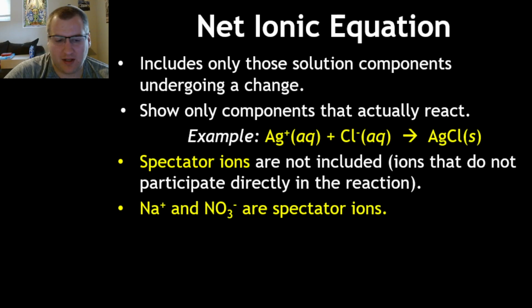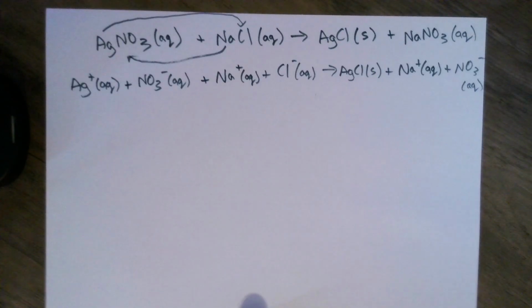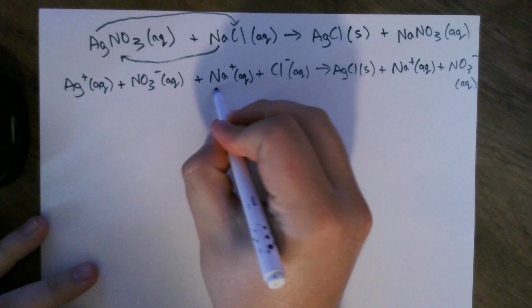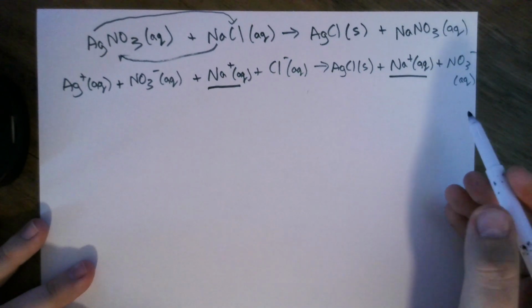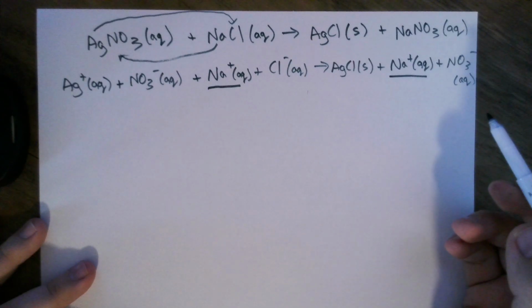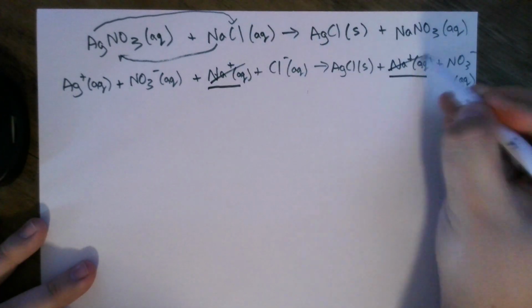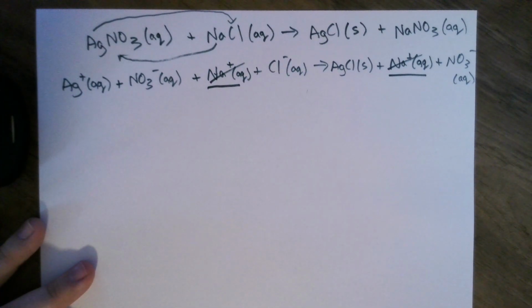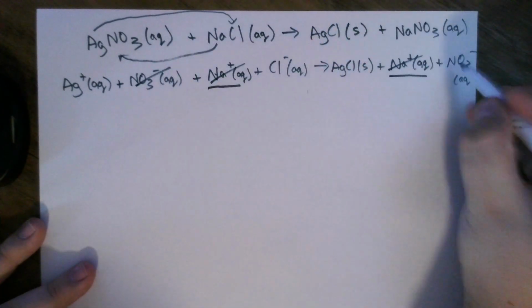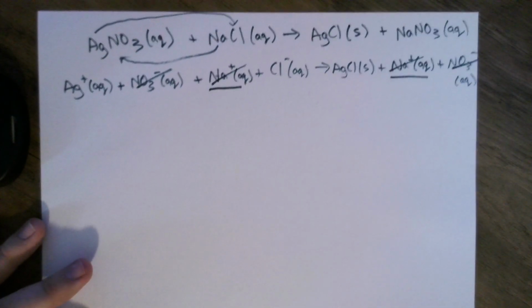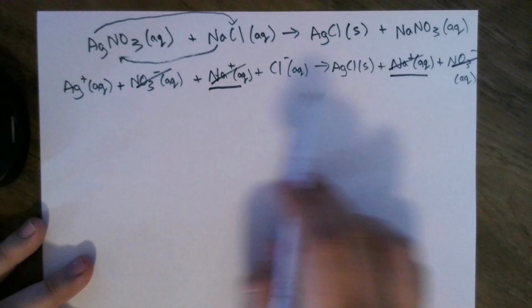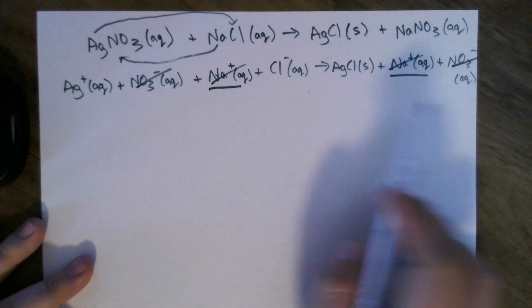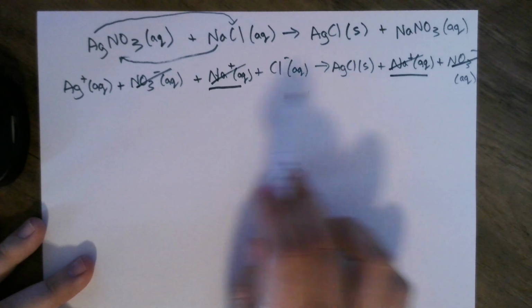If I go back to my problem here. On the left side, I have this Na plus aqueous. On the right side, I have the same thing, completely unchanged. Didn't react with anything. So I'm just going to cross it off. It's not important. Same thing here with this NO3. NO3 on both sides. Cross them off. This Ag plus, I don't have an identical Ag plus because this underwent a reaction and turned into AgCl.